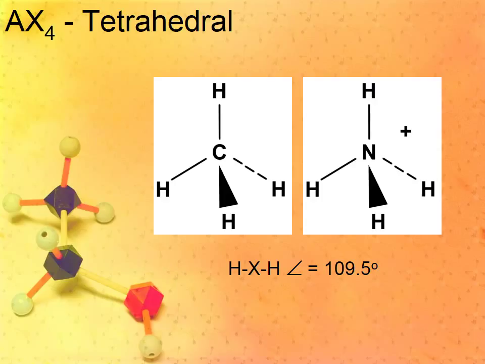The dashed line means that that bond is receding behind the face of the screen, whereas the solid triangle means that that bond is projecting out of the screen. So essentially, this is sort of like a tripod structure. I hope that's clear. If not, please ask me questions about it in the next Illuminate session.